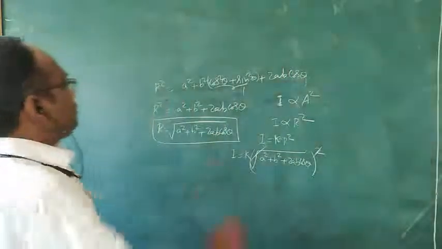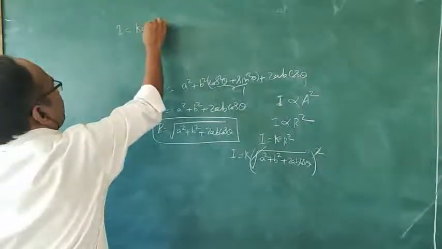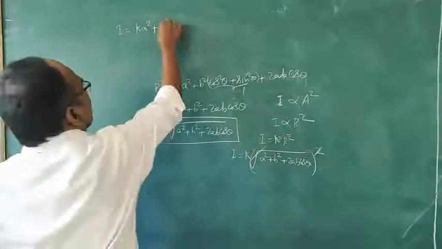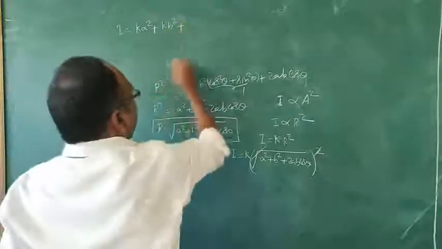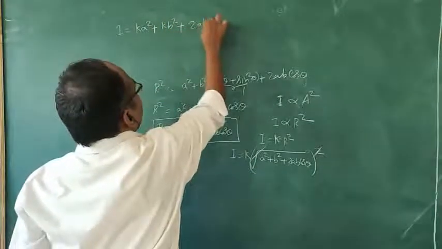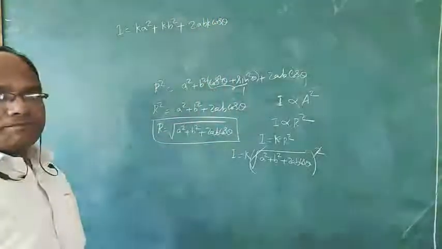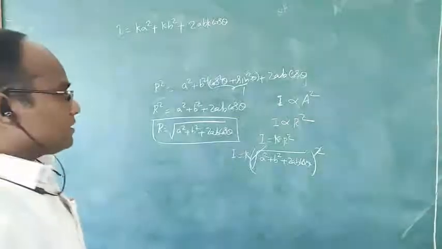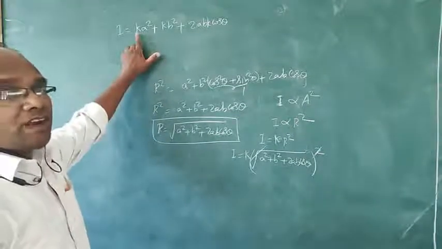So what is the value you should write now? Here I is equal to ka square plus kb square plus 2ab k cos theta. K is a constant. So here, what is meant by ka square?